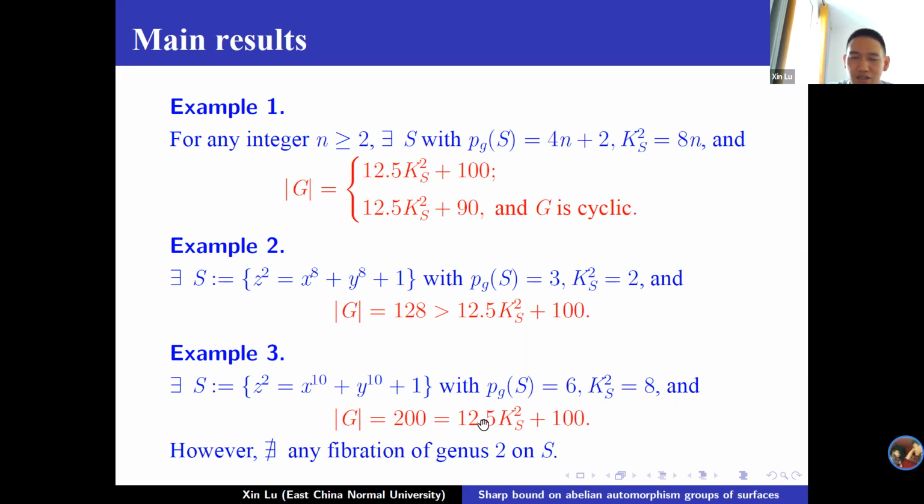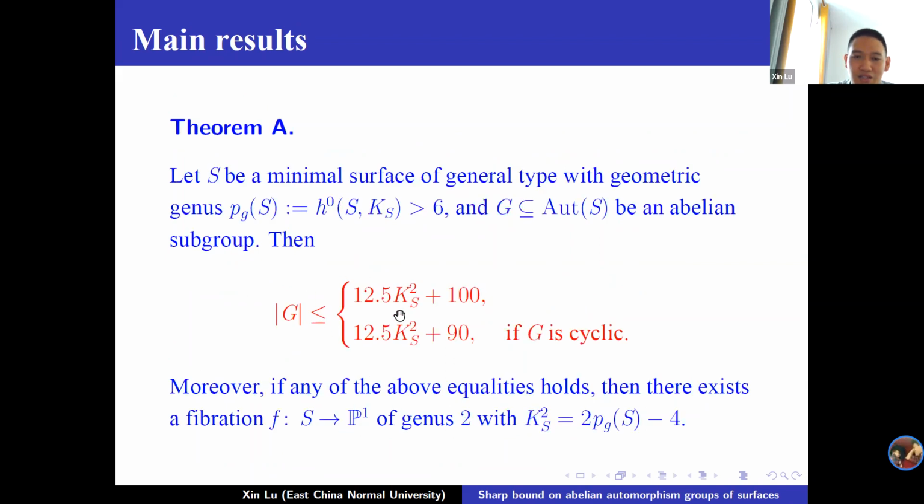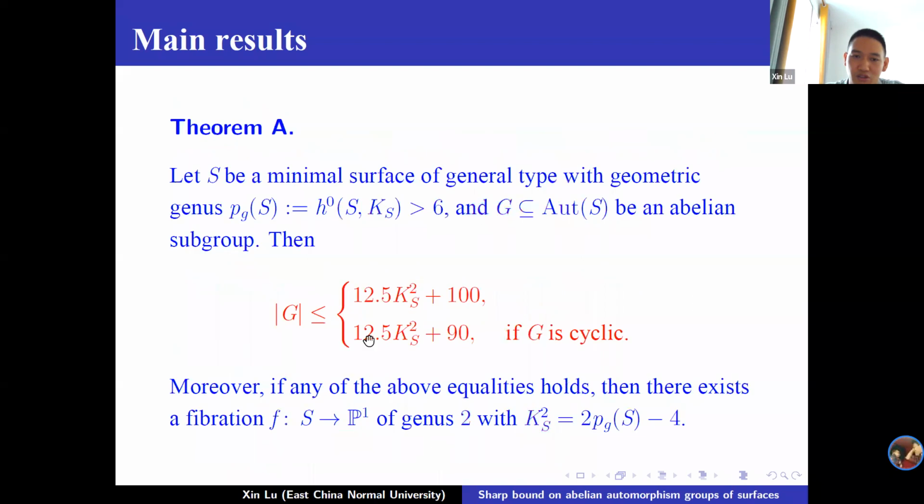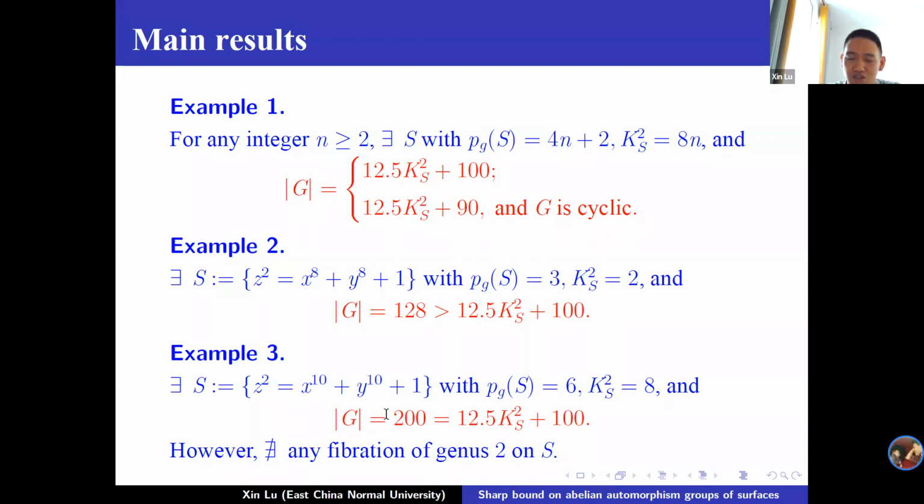So it satisfies the equality, but there exists no fibration of genus 2 on S. Here our result is that if the geometric genus is at least 6 and the equality holds, then S should admit a fibration of genus g equal to 2. But for this example, there is no such fibration.